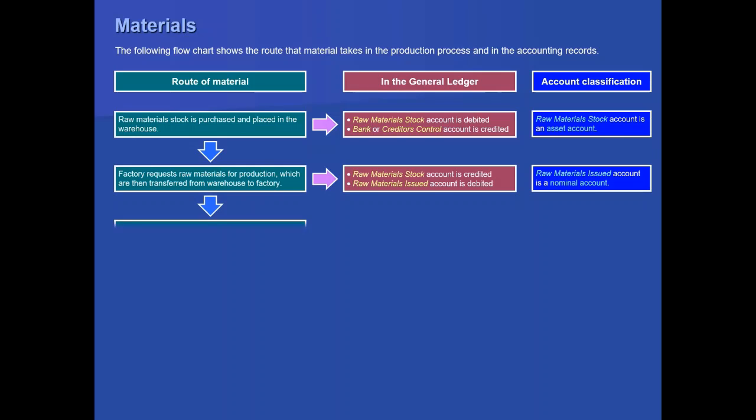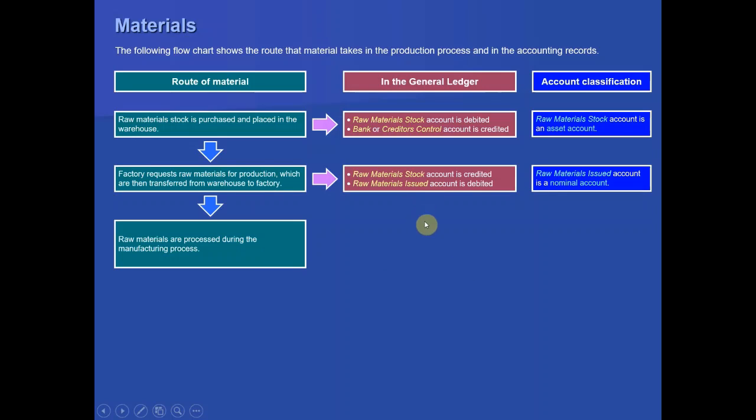So now in the second room, the factory, because remember the first room is the warehouse where we stored the material that we purchased. Now the factory requests the goods. In this factory, which is the second room, raw materials are processed during the manufacturing process.